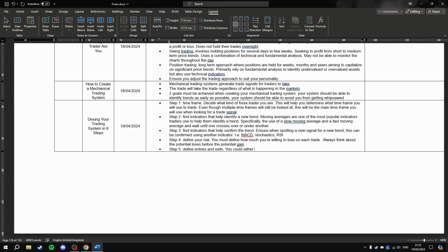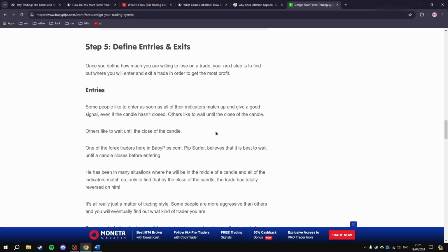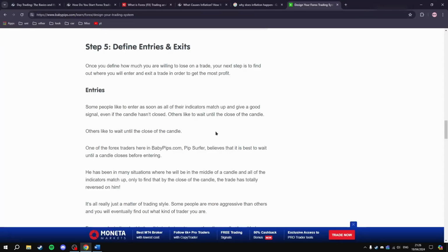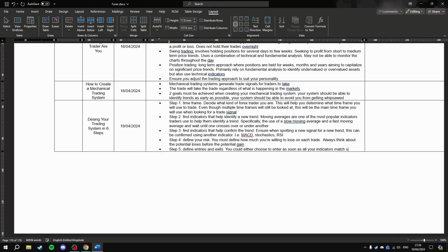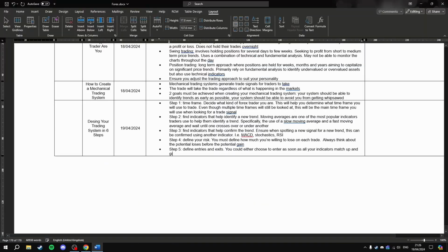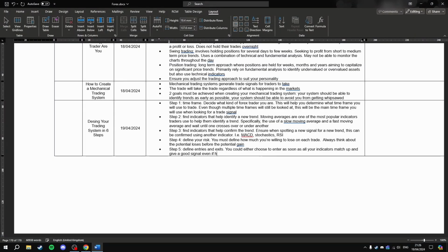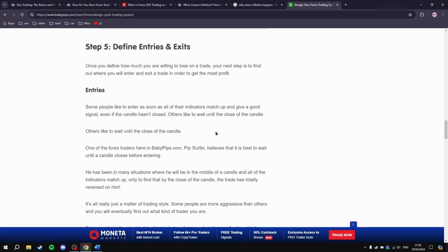You could either choose to enter as soon as all your indicators match up and give a good signal even if the candle hasn't closed.